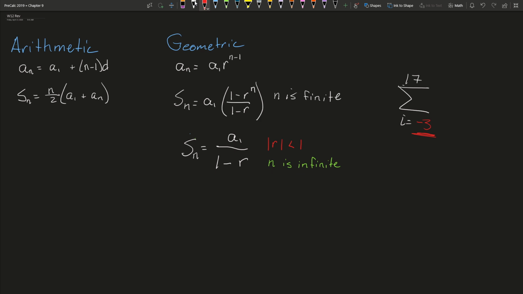So instead of Sn equals a1, it's a -3, and then we have to be careful about this n, and everything else is the same.